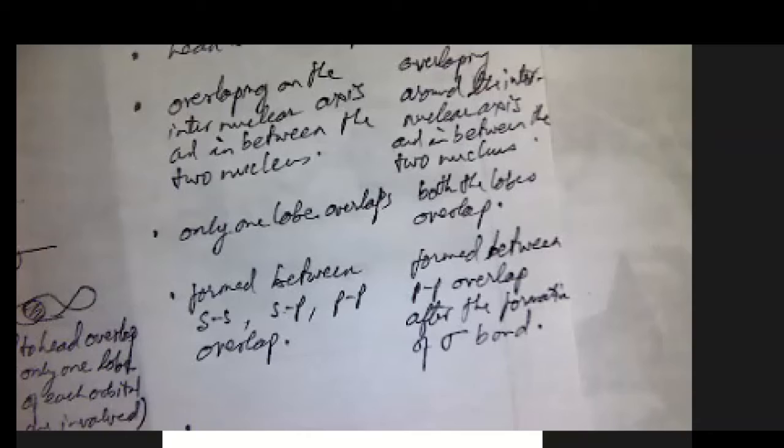So sigma and pi, which will overlap more? One is direct overlap. So direct overlap will always be more than the other one.